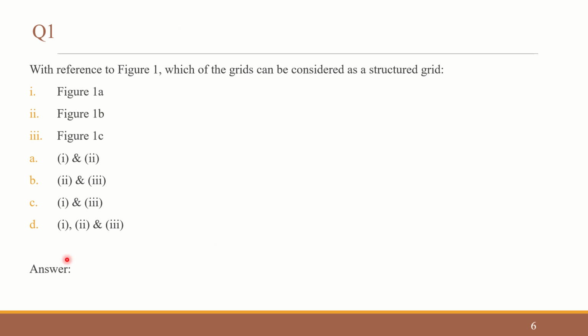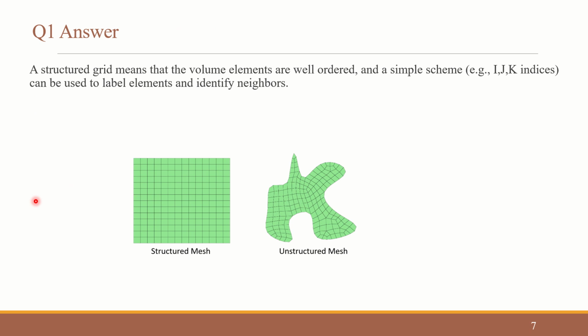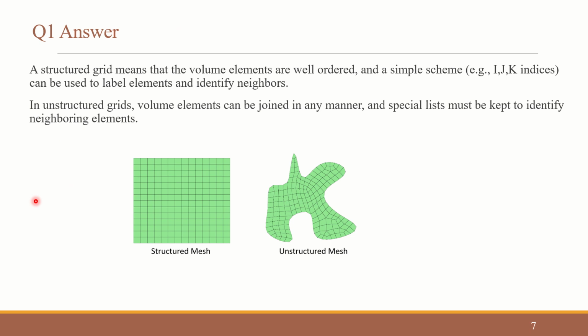The answer is 1 and 3. Option C is the right answer. A structured grid means that the volume elements are well ordered and a simple scheme can be used to label elements and identify neighbors. In unstructured grids, volume elements can be joined in any manner and special lists must be kept to identify neighboring elements. So that is the thing.